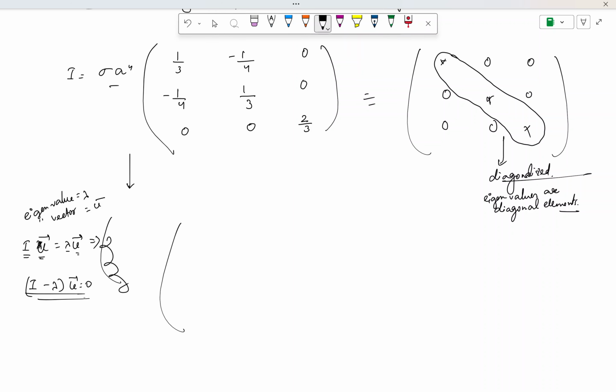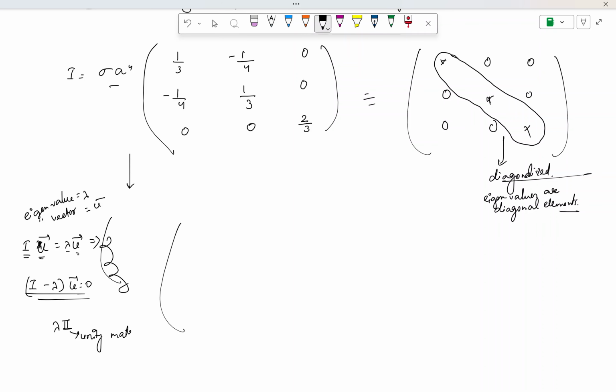So your I matrix is there and lambda is taken with a minus sign. Lambda is a constant, right? But I is a matrix. So how do you represent I minus lambda? Because they have to match in structure so that you can take a subtraction between them, you have to also represent lambda in a matrix format. So lambda means lambda times the unity matrix.